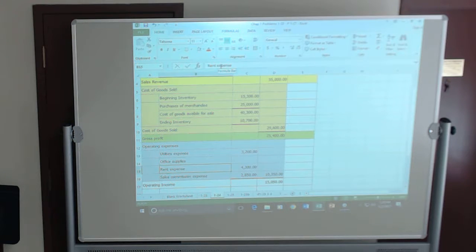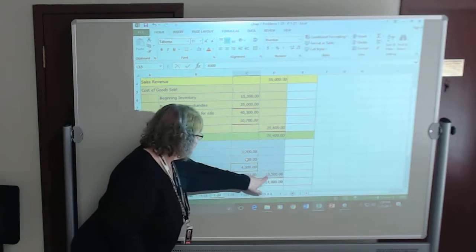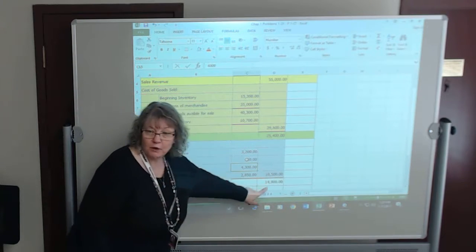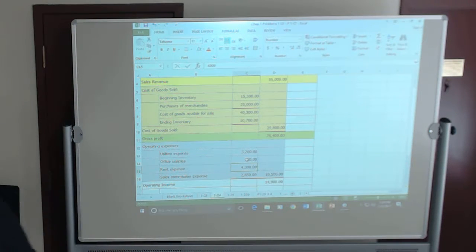Okay? And then there would be another number in there. Let's say he spent $150. But see, then that changes the equation all the way down. He has more expense and less profit in the end.